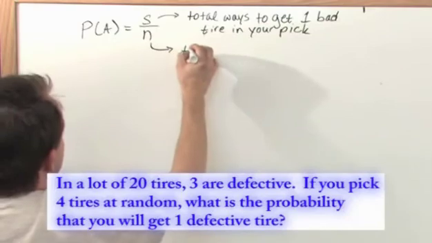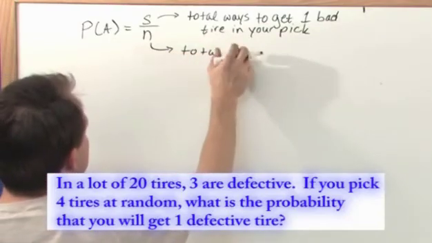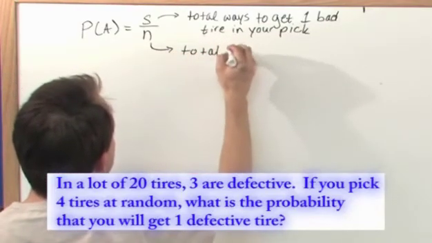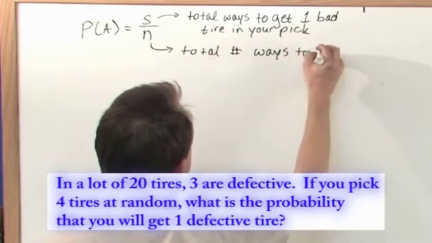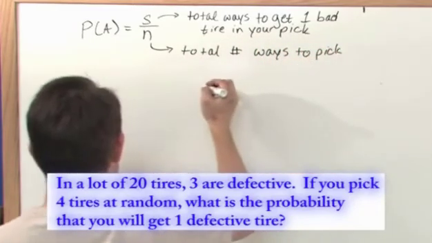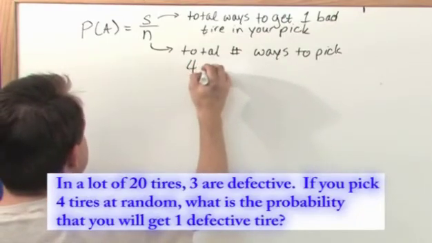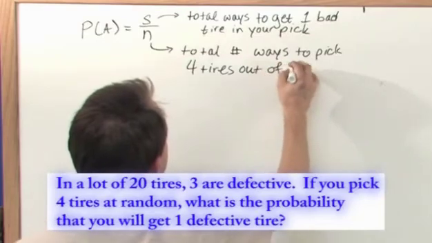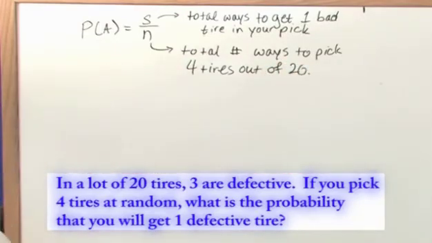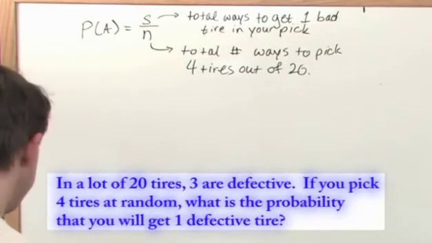And N is the total number of ways to pick 4 tires out of 20. Okay? So what I need to do is work on those numbers individually and calculate those numbers eventually.